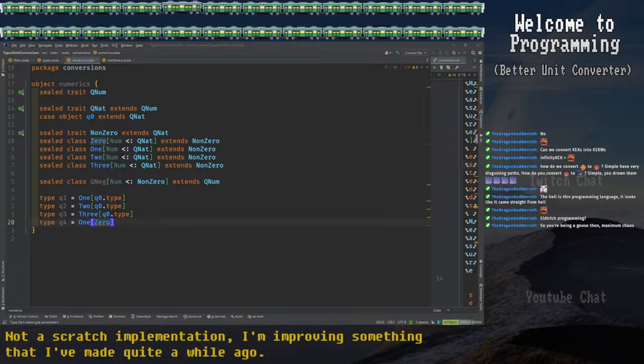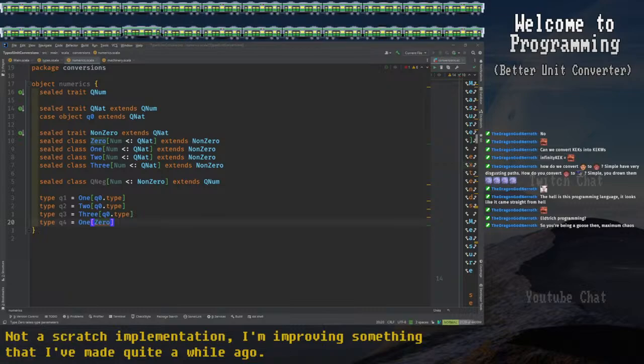No, that's actual numbers. This? No. Is it called, did I call it NAT? QNAT, I did, yeah. Oh no, I didn't. I did actually have a Q0.